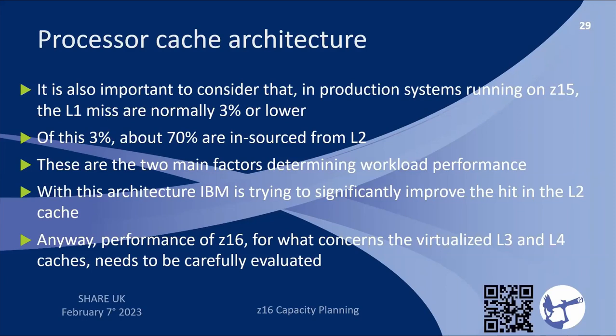Based on the first figures that we have, I could say that we are going to change these figures in the future: of these 3%, around 90% are insourced in level 2, because that's what we saw. But still, we have too few real life examples to make that a general statement, but that's the feeling.